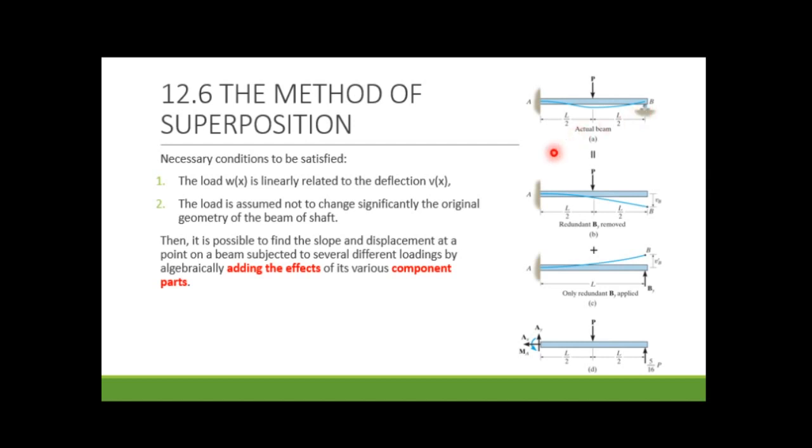So I want to convert this system into two different kinds of beam. In the first beam, I eliminate the reaction force at B, and when you eliminate it, this system looks like a cantilever beam.